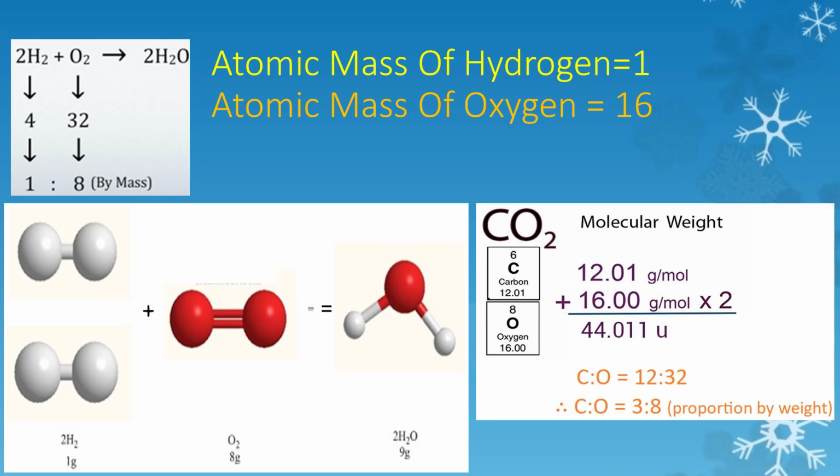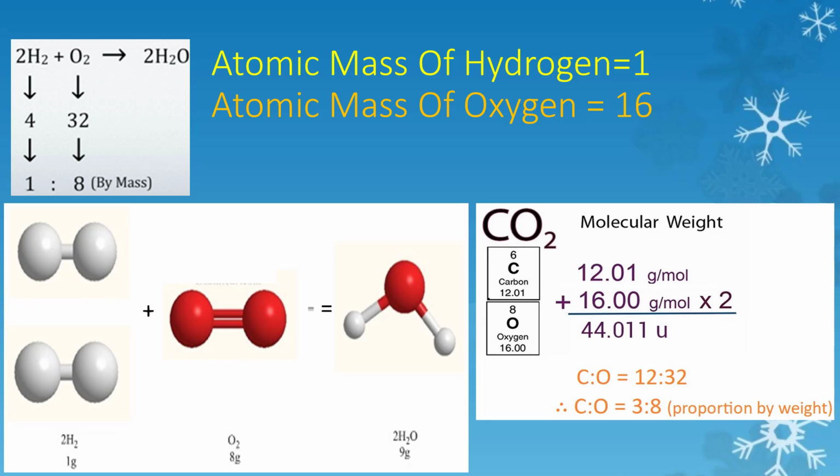Now we shall find out the molecular mass of hydrogen. See, 2 into 2 is 4. 4 into atomic mass of hydrogen, which is 1, so it is 4. So the molecular mass of hydrogen is 4.